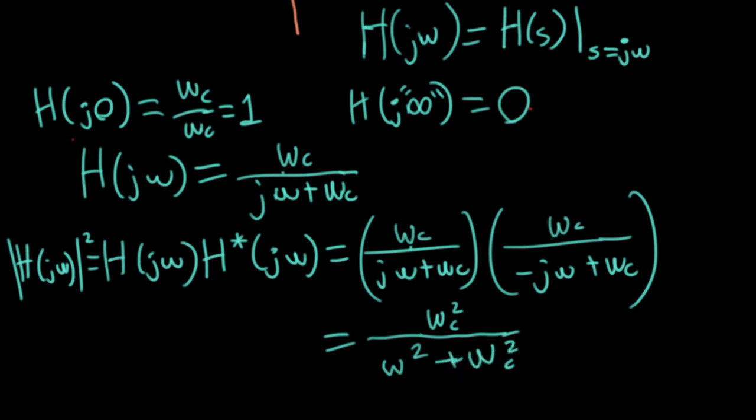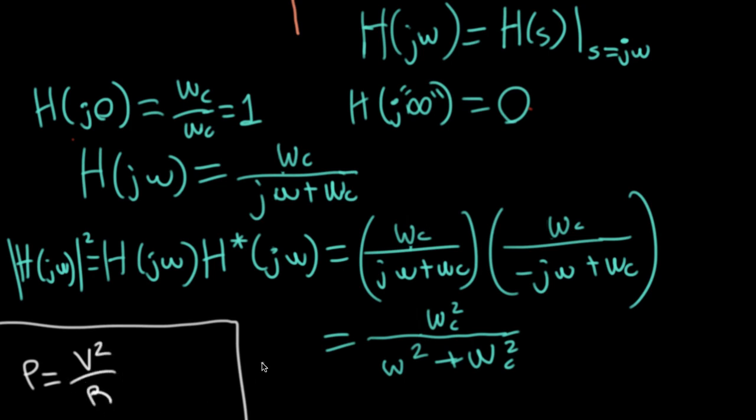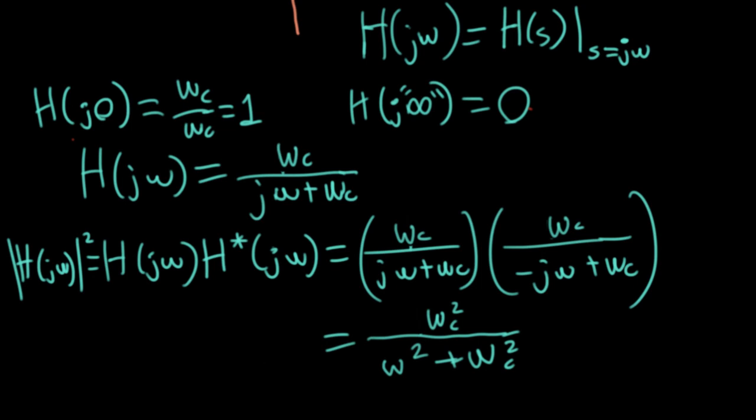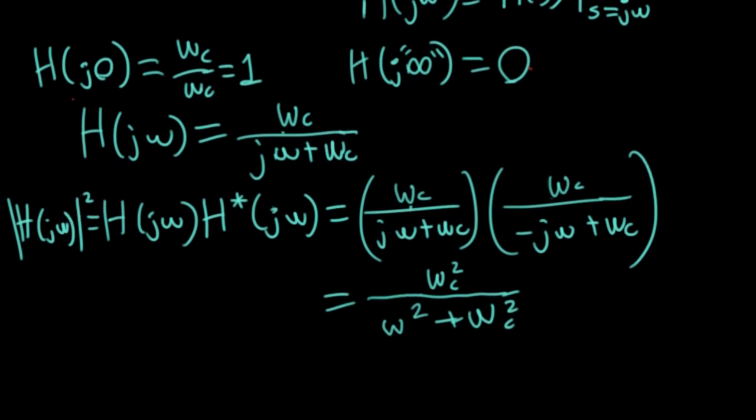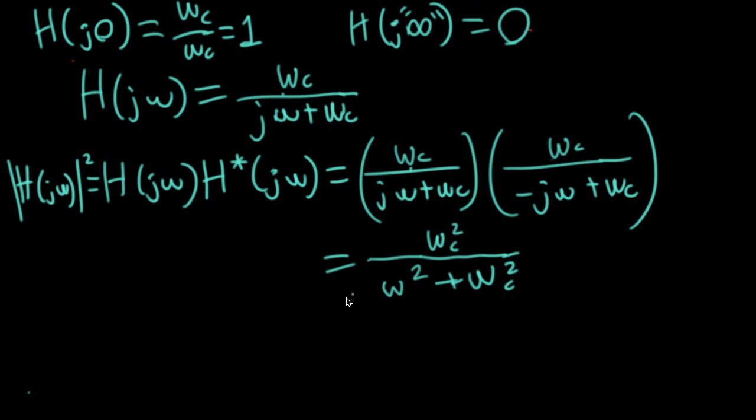If you think about usual expressions for power in a circuit, for something like a resistor, you'll see power is equal to the square of the voltage over the resistance. If you think about expressions like that for a while, it makes sense to think about this magnitude squared expression as something that affects power. So what I would like to ask is, what value would make this expression equal to 1/2?